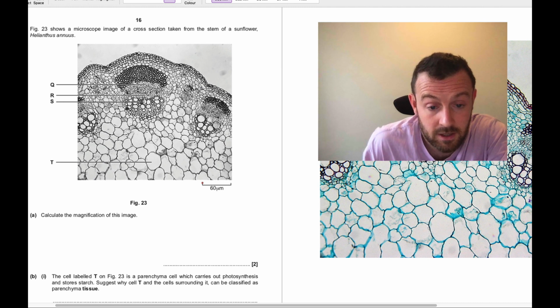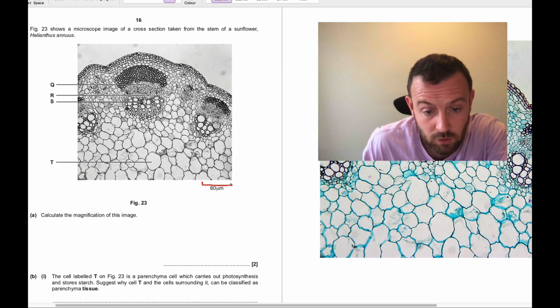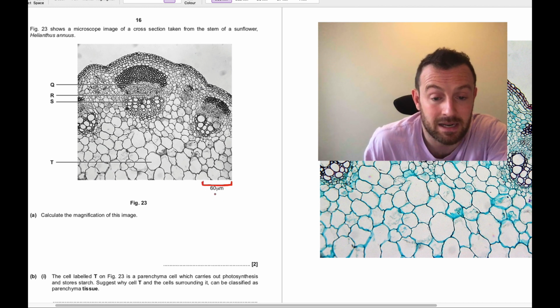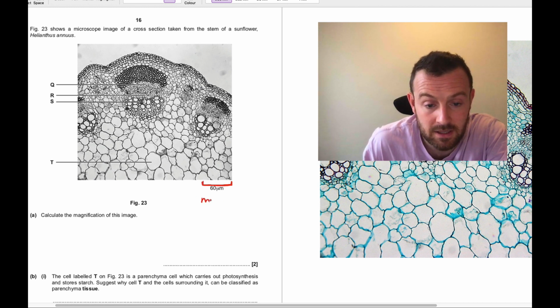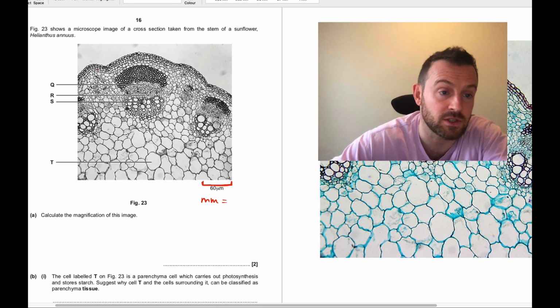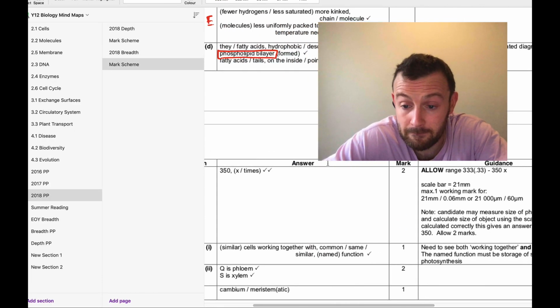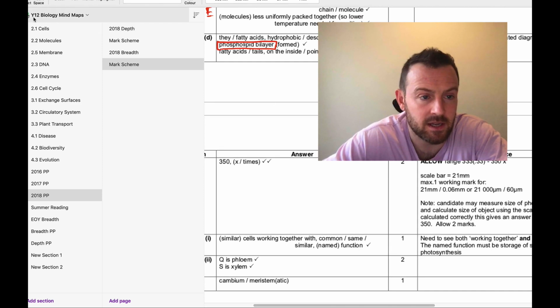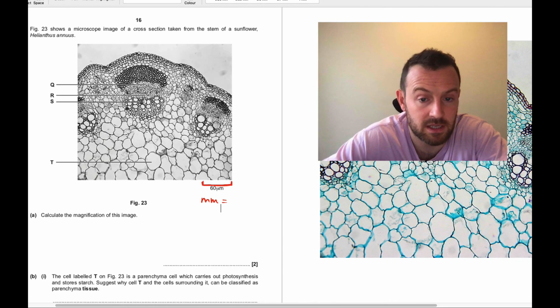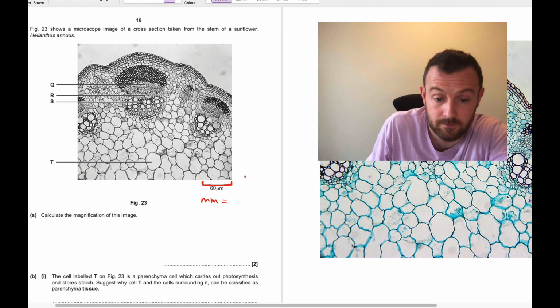I have not got a ruler, so this is a bit difficult, but the first step is to measure how long this is in millimeters. If we jump to the mark scheme, it says 21 millimeters.